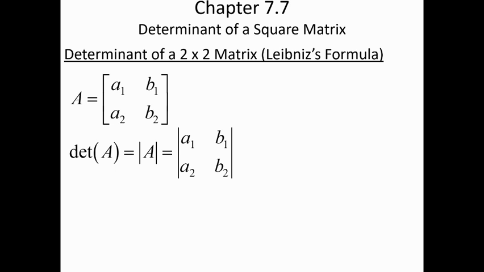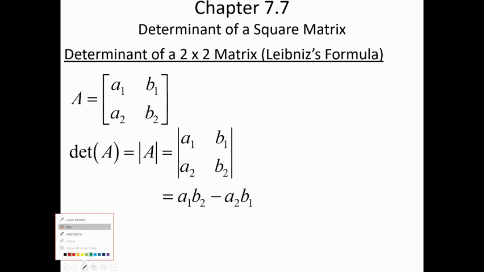Enough chatting, right? But how do you find the determinant of A? Okay, so first you're going to have to do A1 times B2. So this is the actual formula. This is Leibniz's formula. The formula says you take A1 and you multiply it with B2. So you're basically just taking care of that diagonal.